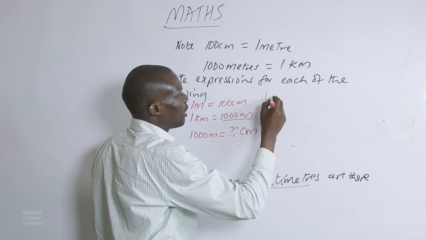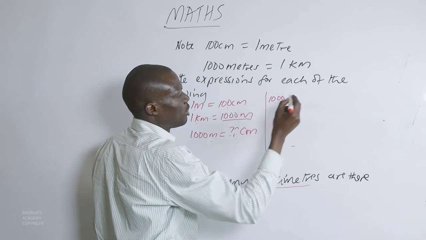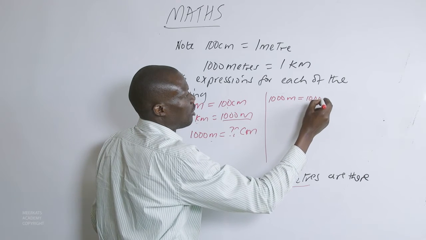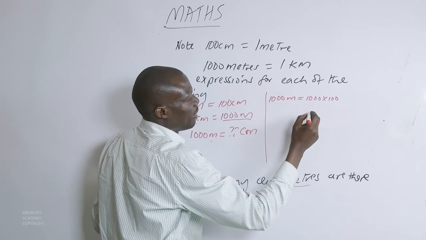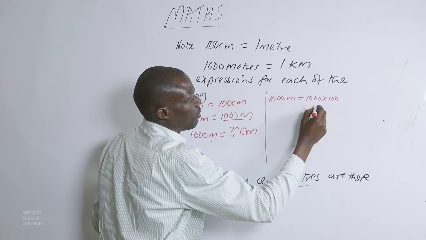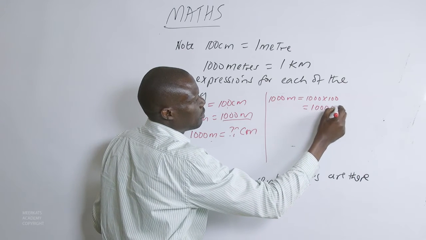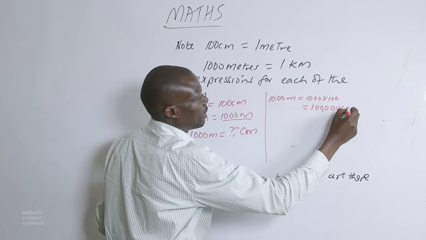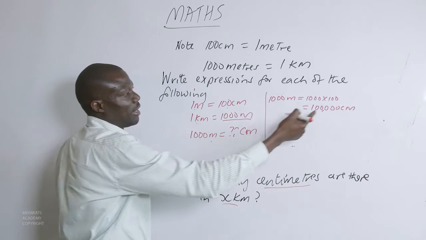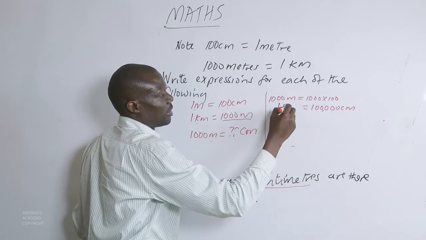So 1,000 meters, which is equivalent to 1 kilometer, is equal to 1,000 multiplied by 100, which gives us 100,000 centimeters. This is the same as 1 kilometer.